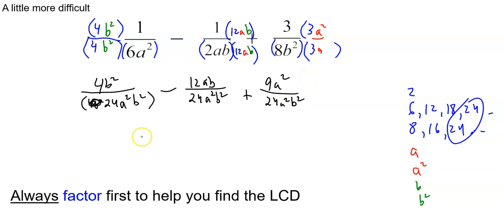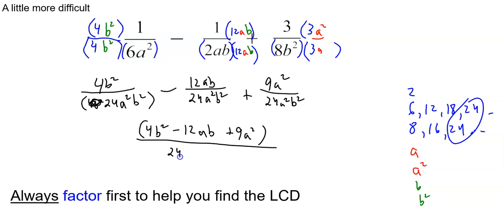And now I can combine this into one fraction, right? So I've got 4b squared minus 12ab plus 9a squared, all divided by 24a squared b squared.